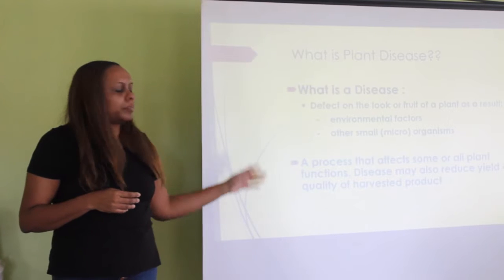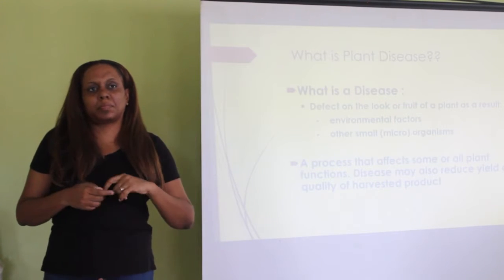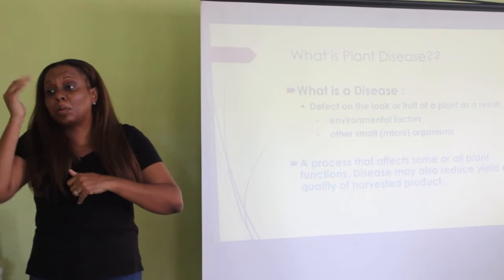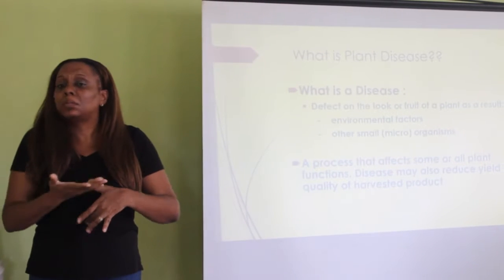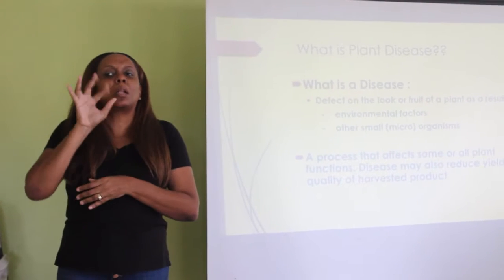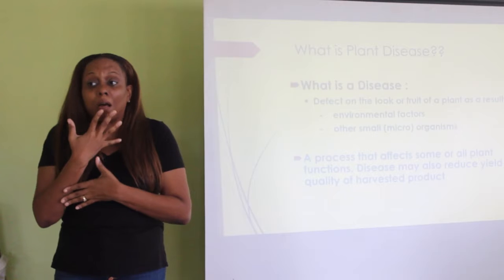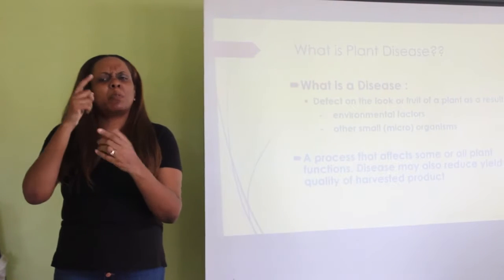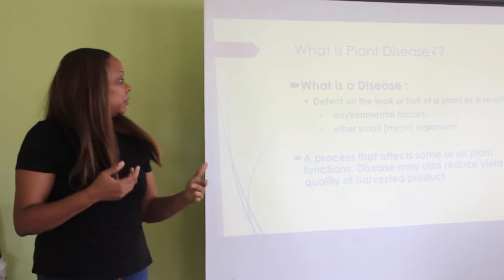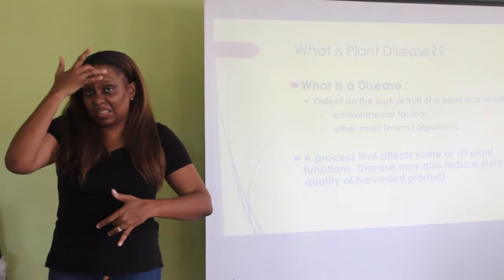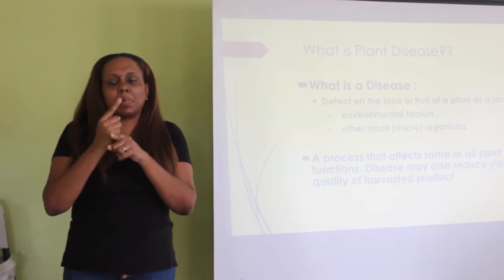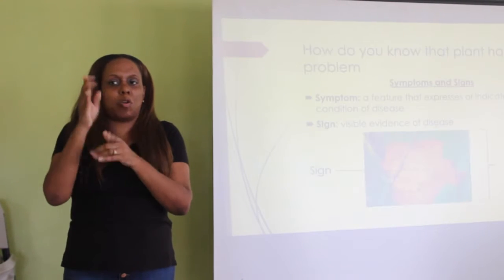Now let me say up front that in order to identify if your plants have a disease, as we had spoken about in an earlier lesson, you have to first know what the plant should look like, the color of the plant, the normal development of the plant, so you know that there is a problem. A disease is a process that affects some or all plant functions, and disease may also reduce the yield and the quality of the harvested product.